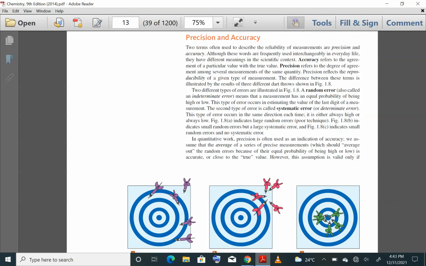With precision, what you are looking at is how close those values are to one another. What degree of agreement are they between them? Are they too different? Are the differences too high? So you are comparing the degree of agreement among several measurements of the same quantity.